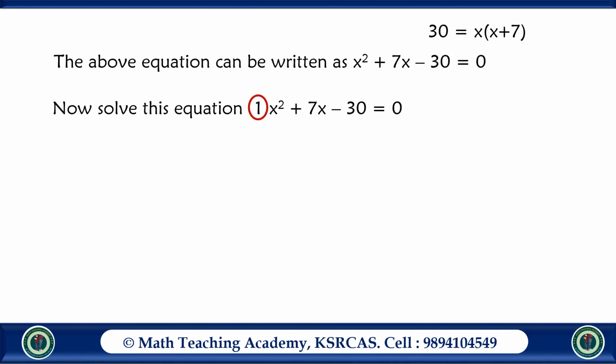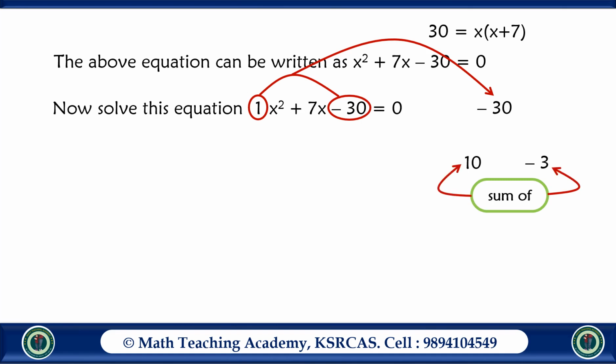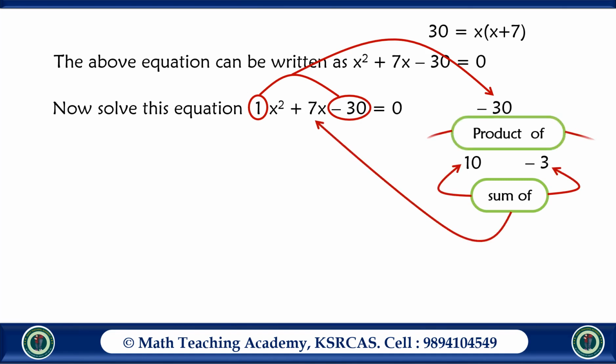Take the coefficient of x squared and take the constant term. Multiply these two terms, then what you will get is minus 30. Now choose two numbers whose addition will be 7 and whose multiplication will be minus 30.